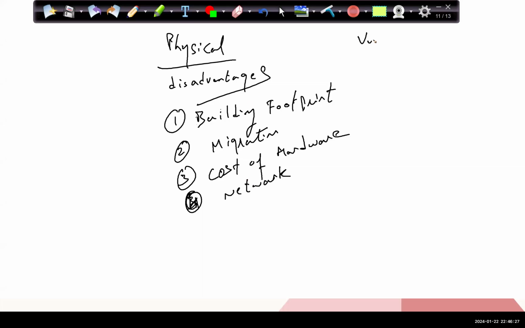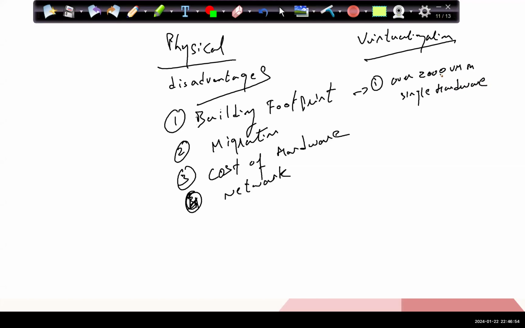With virtualization, now you don't need a huge building, right? Now with VMware, you can run over 2000 virtual machines on a single hardware, which means if I want to host 2000 machines, all I need is one single box and create 2000 VMs on that.